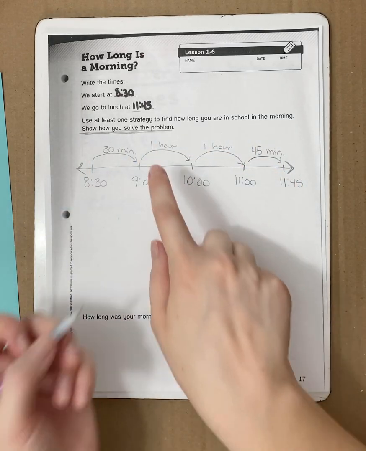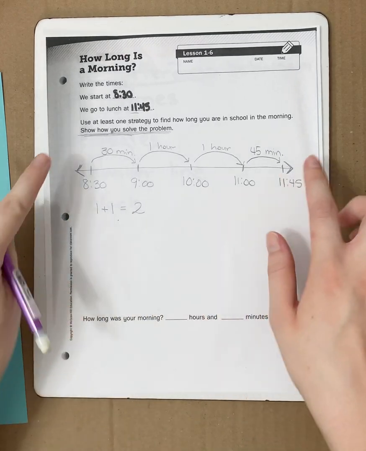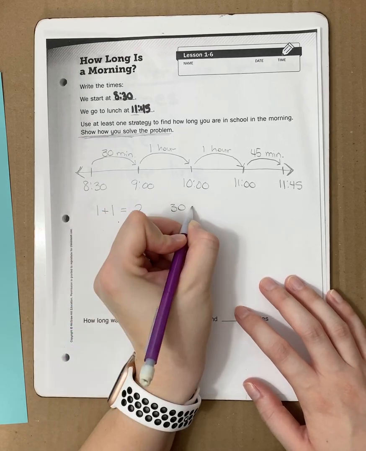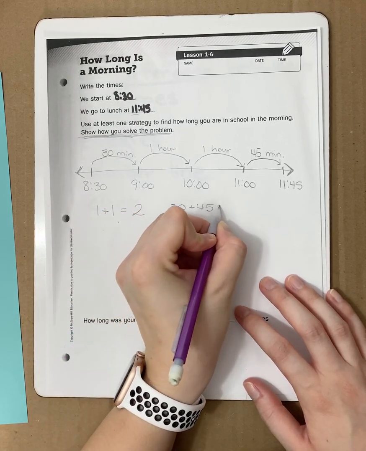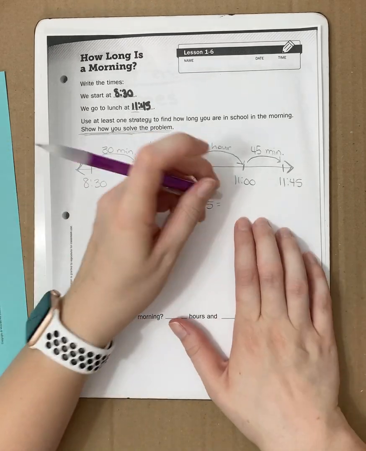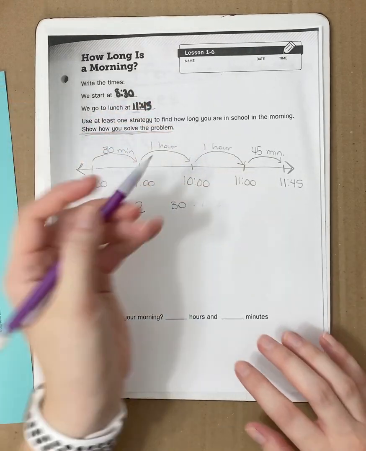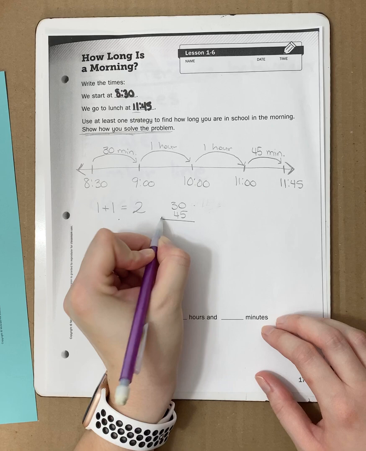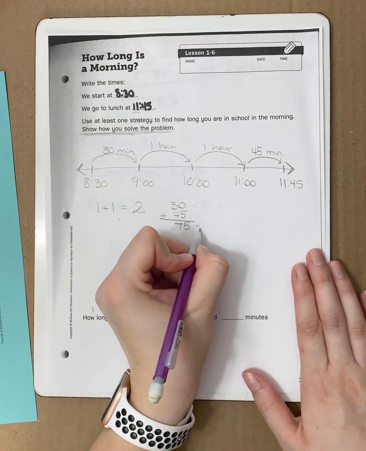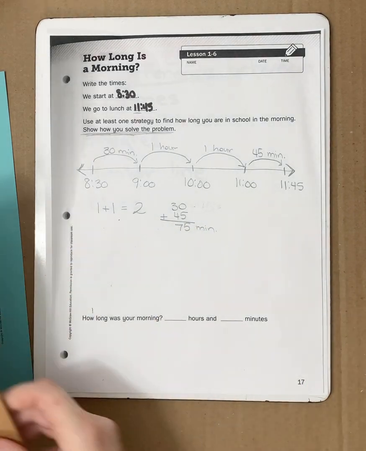Okay? Now I can add my hours together, which gives me 2, and I need to add my minutes together. So I have 30 plus 45. And again, if you want to write it up and down so it's easier to add, it is 75 minutes, okay? However, this is something that's a little different.